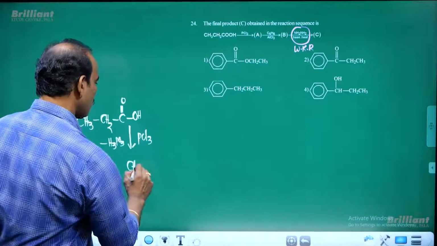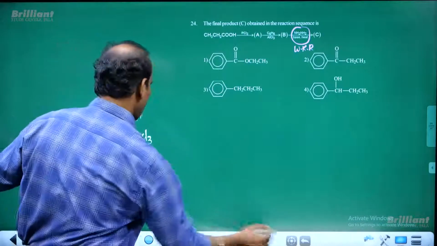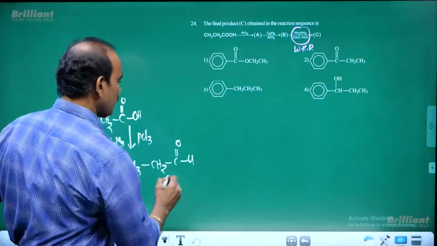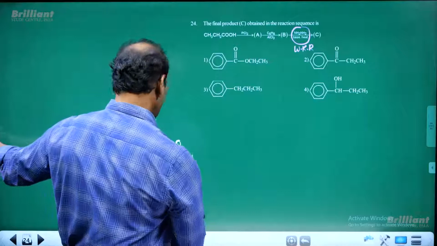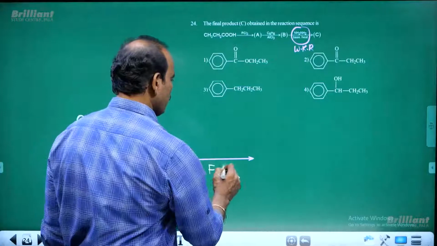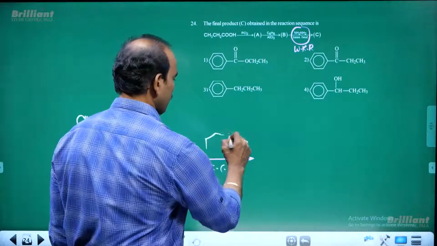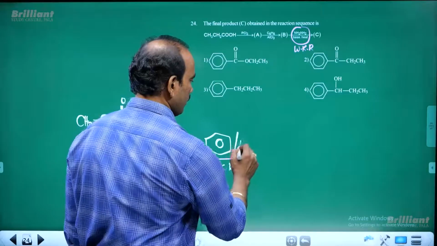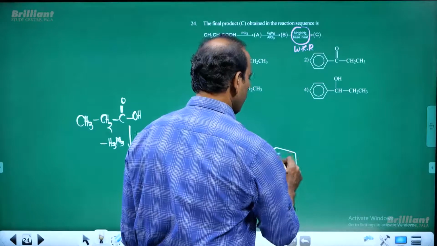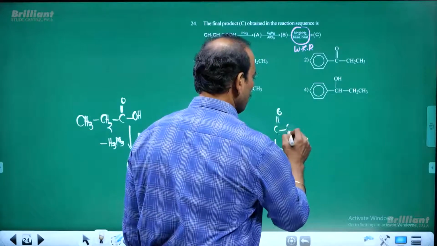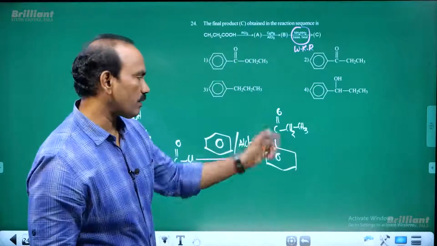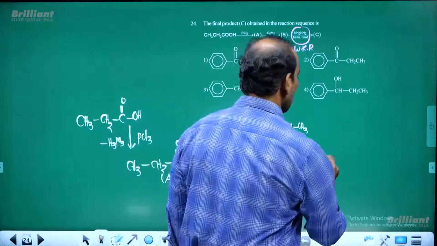Remaining is CH3CH2C double bond Cl. This is A. And then it is treated with benzene, Friedel-Crafts reaction. We get n-propyl C double bond CH2CH3, then ethyl phenyl ketone.